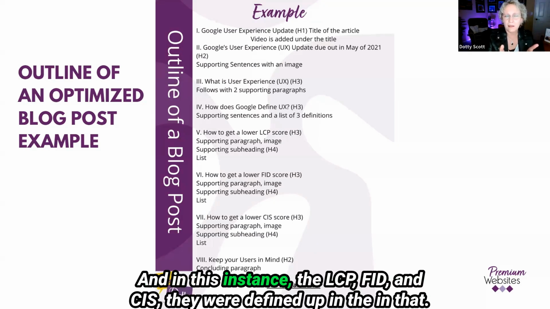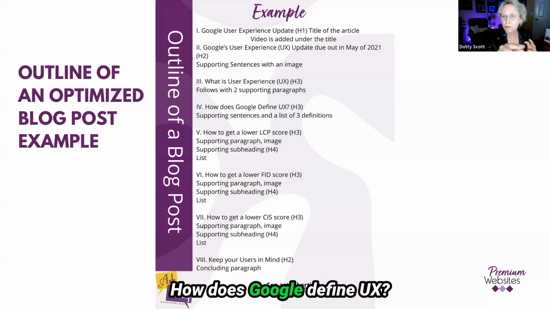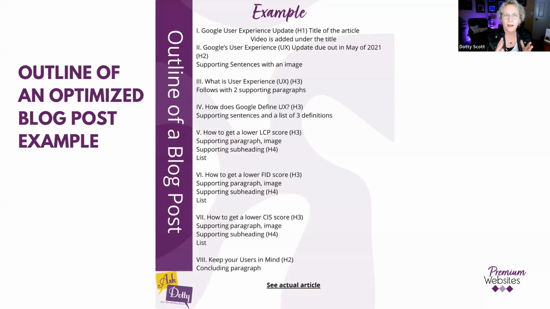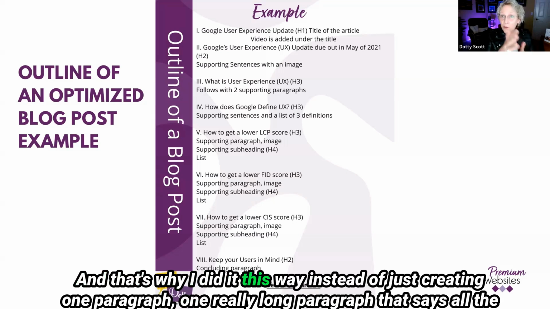And in this instance, the LCP, FID, and CLS, they were defined up in that how does Google define UX? They were defined in there, and they are supporting keywords to the Google's user experience. And that's why I did it this way.